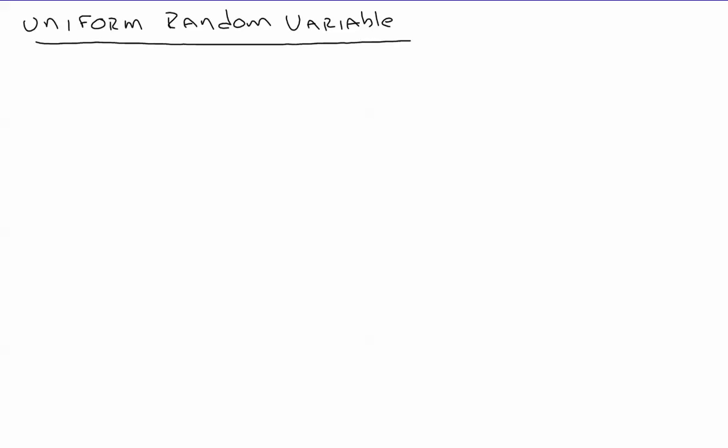So the first one is going to be the uniform random variable. All right. The probability density function for a uniform random variable looks something like this.